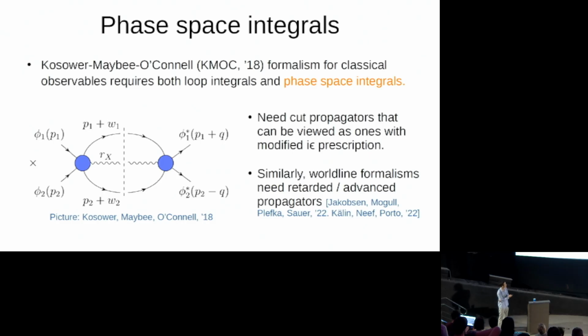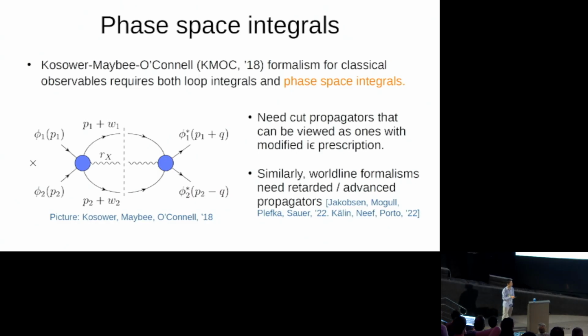Fortunately, the delta functions, these cut propagators, can be viewed as almost the same as usual propagators, but with a modified integration contour or epsilon prescription. For example, if you just integrate with a circle around the pole, you get a delta function rather than the Feynman propagator.